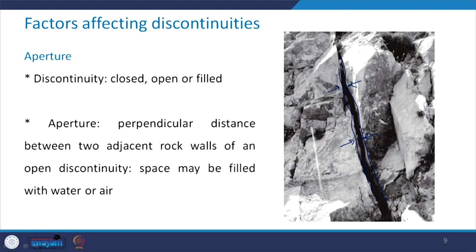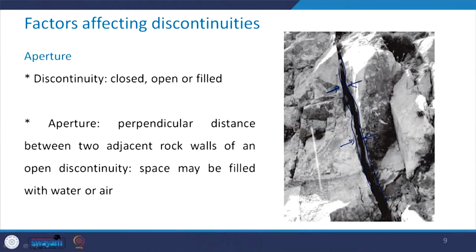Aperture is defined as the perpendicular distance between two adjacent rock walls of an open discontinuity. This space may be filled with water or air. Like in this case, right now there is no water, it is only filled with air.